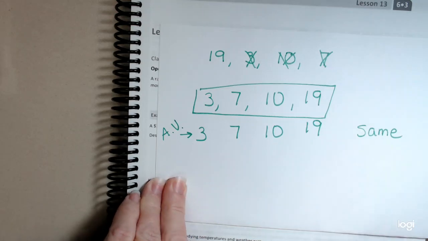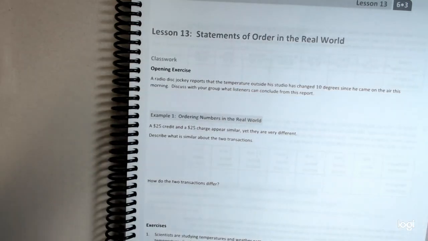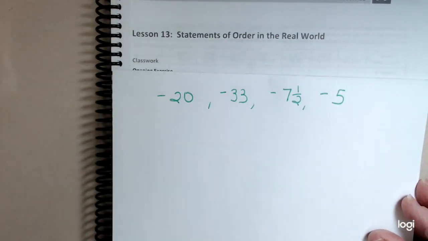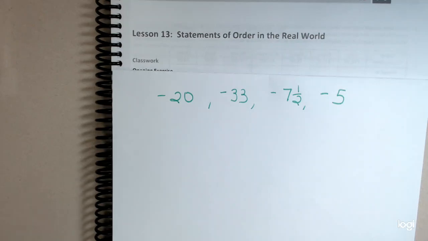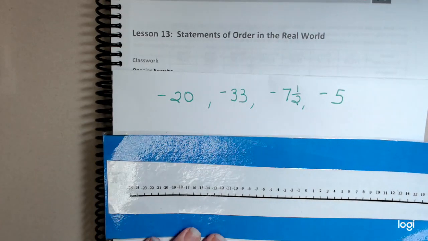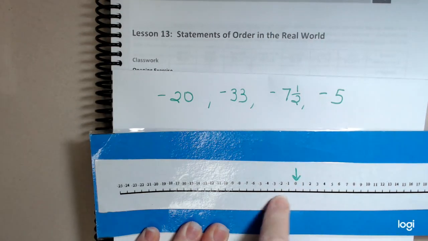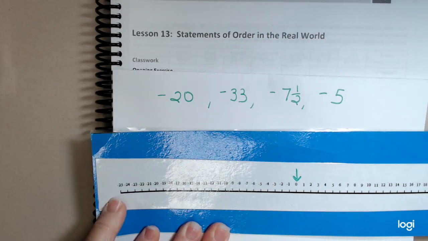All right, now on your marker board, if you want to, or on your piece of paper, I'm going to ask you to write these integers in order from least to greatest. Remember, according to our number line, here's our 0. The farther away from 0 we are to the left, the smaller the number.